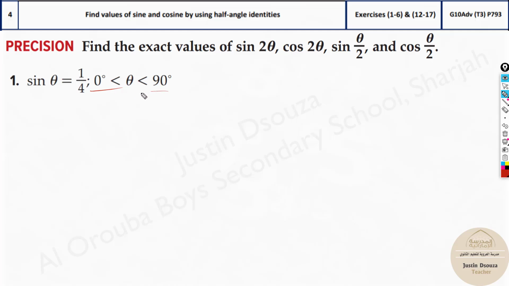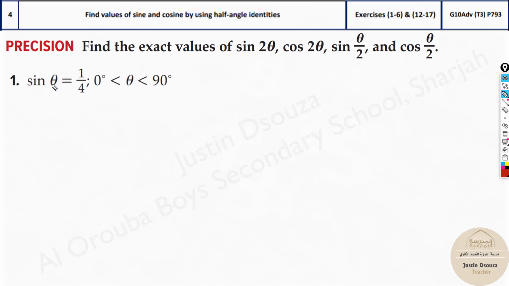If it is 2 theta, you multiply both sides by 2, so 0, 2 times 0 is 0, less than 2 theta less than 180. So this is the condition of theta for these two double angles. But for half angle, it will just be divided by 2 throughout. So this will be 45 degrees. Here these are the conditions.